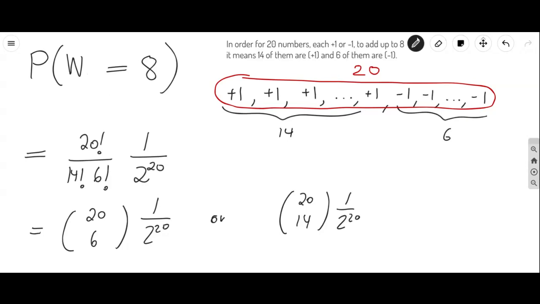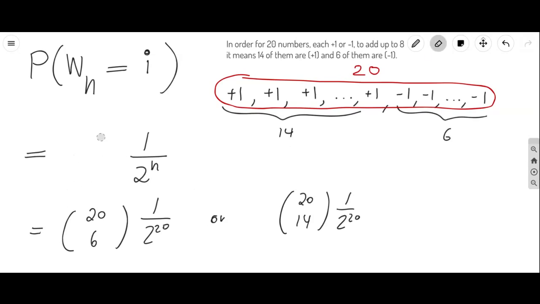So now we can do this in general. Let's say this is Wn, and let's say this is I, where I is an integer between negative n and n. Then what would the probability be equal to? Well, based on this reasoning, this should be 1 over 2 to the n.